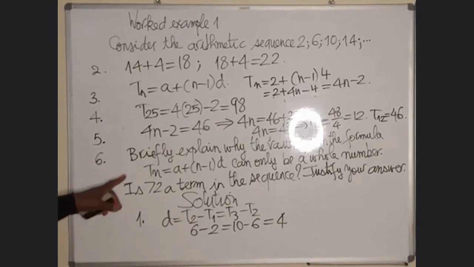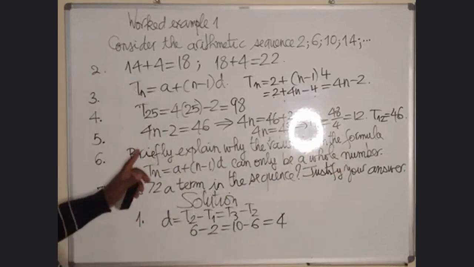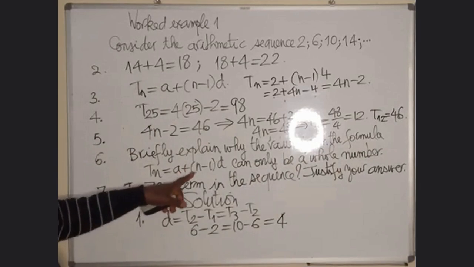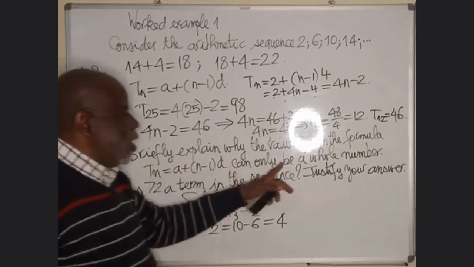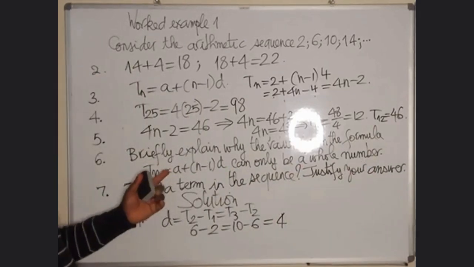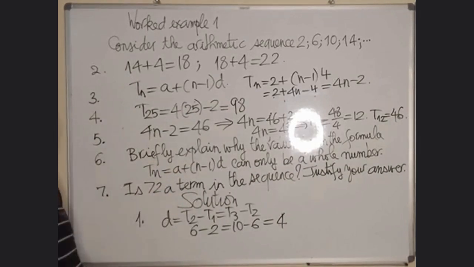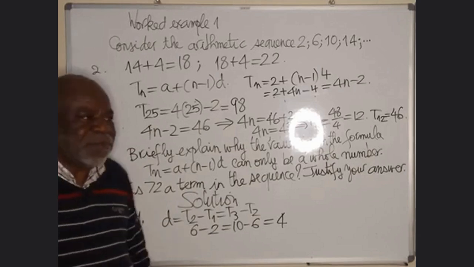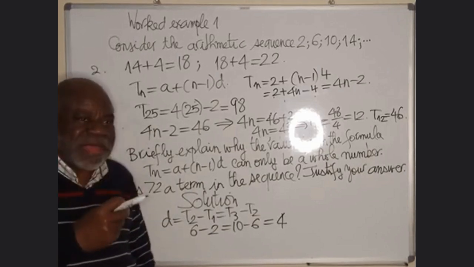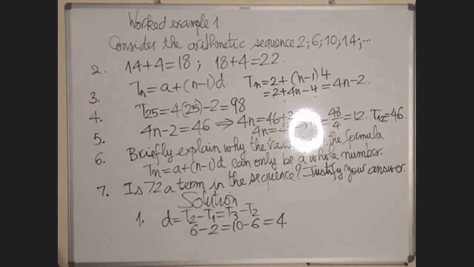Question number 6. Briefly explain why the value of n in the formula Tn is equal to a plus n minus 1 times d can only be a whole number. So we have learned so far that n is indicating the position of any term. n can only be a positive whole number or a natural number. n cannot be equal to 0, n cannot be equal to a negative number or a fraction.